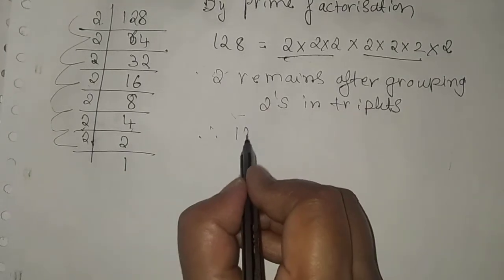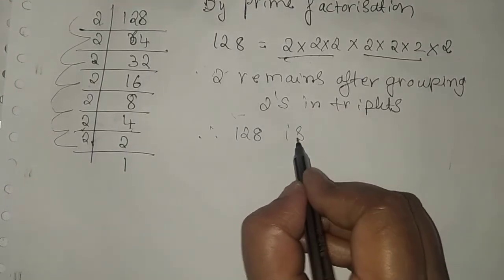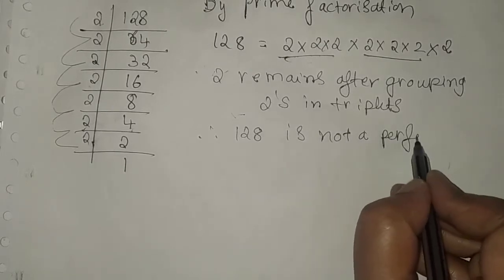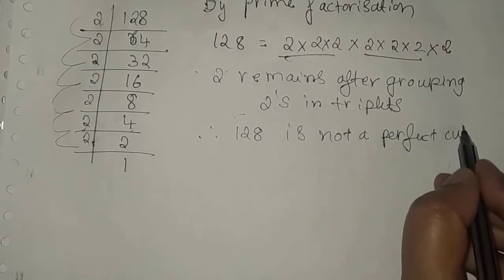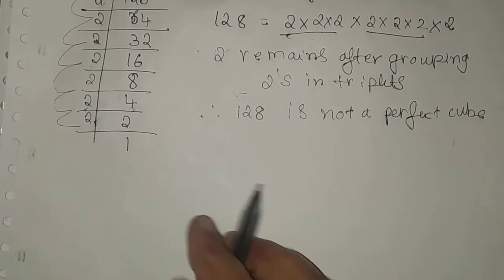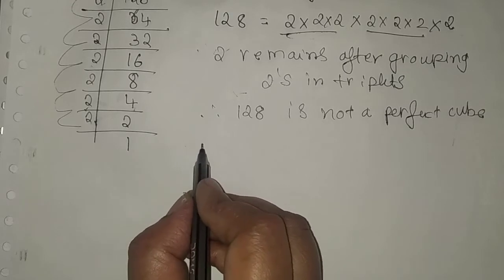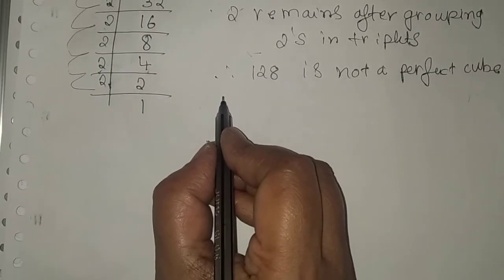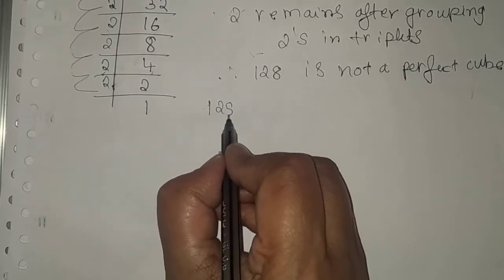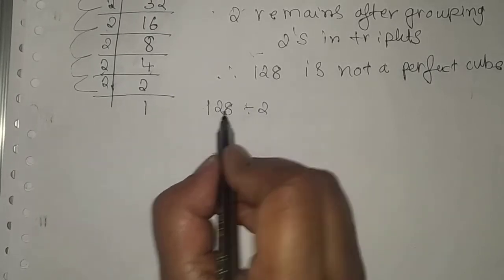Therefore, 128 is not a perfect cube. So what should we do to get a perfect cube? We have to divide 128 by 2.